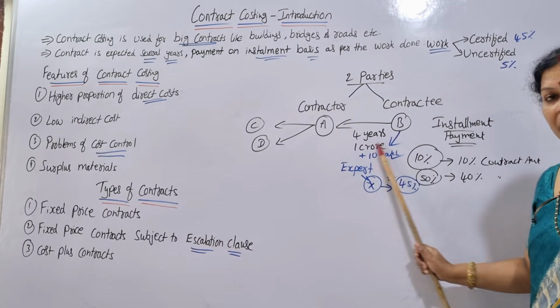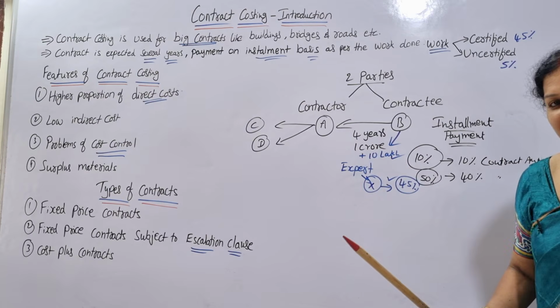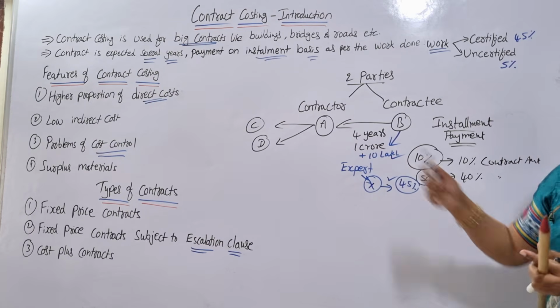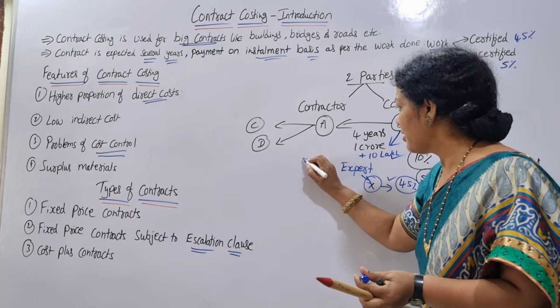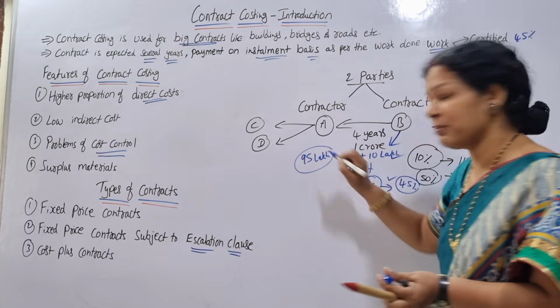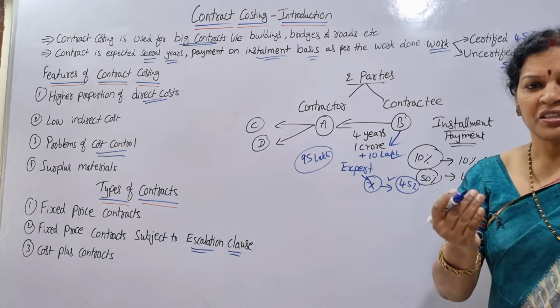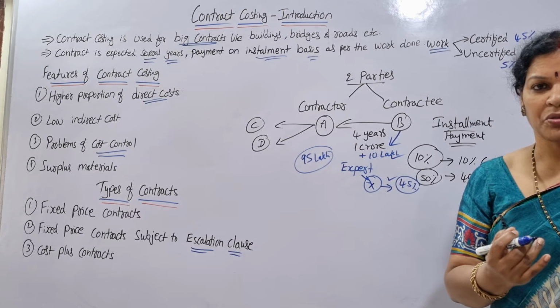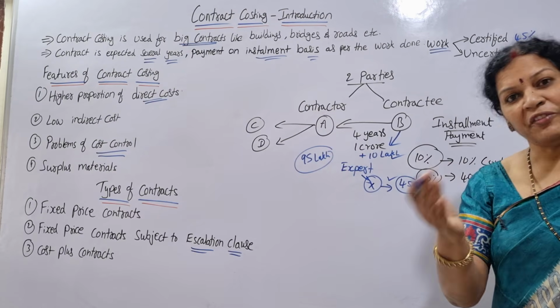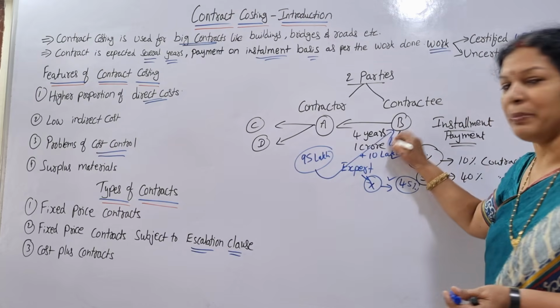So when we are saying that if the cost of the contract is increasing, then B has to bear. If it is decreasing, say for example 1 crore, decreasing means only 95 lakh the work has been completed. 95 lakh means decreased, profit. That you can say is a discount, that is 5 lakh. That benefit also goes to B only.